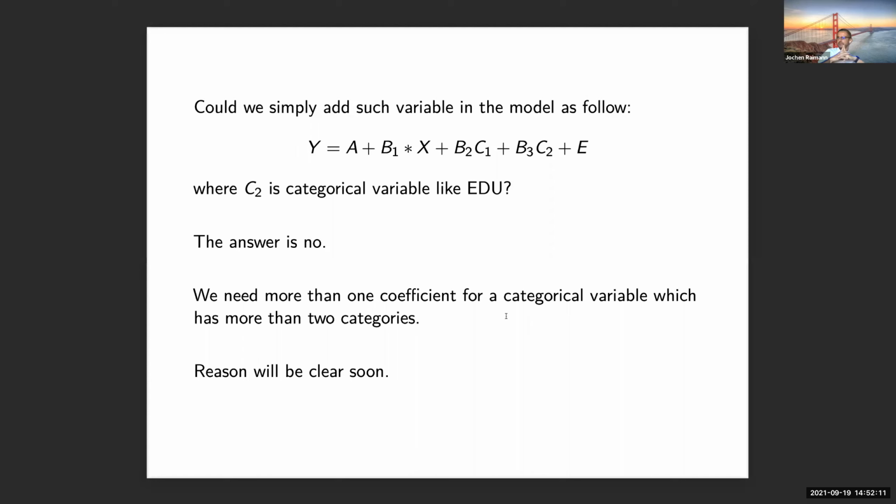We could simply add such a variable in the model by saying, okay, A plus B1 multiplied by X and B2 C1 plus B3 C2 plus E, where C2 is a categorical variable like EDU. We could hypothetically do that. It's not the right approach. You cannot do that.